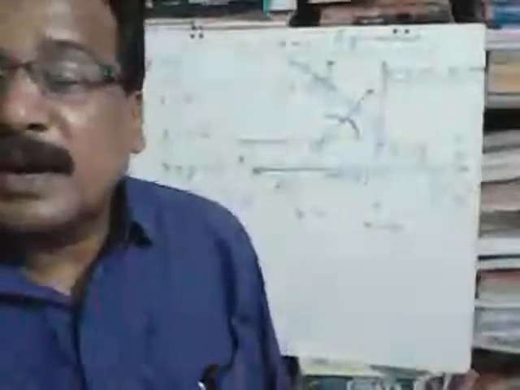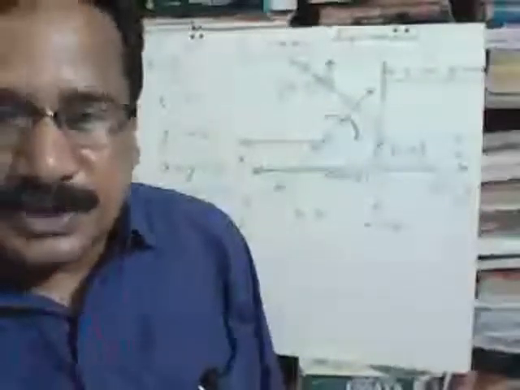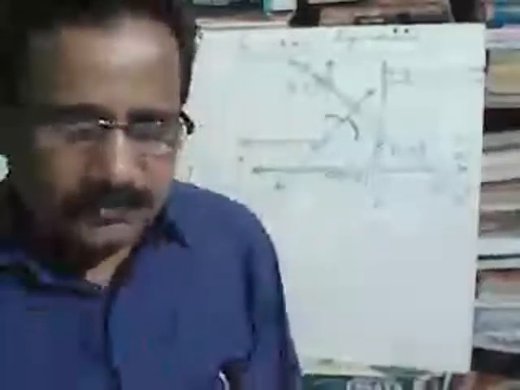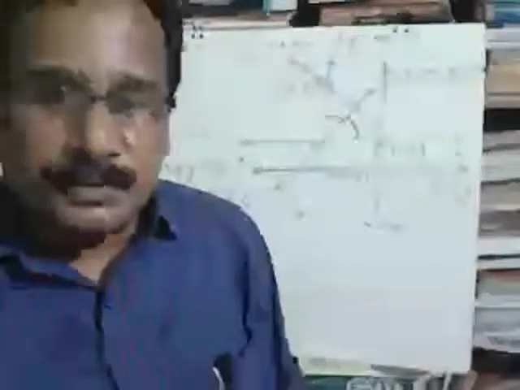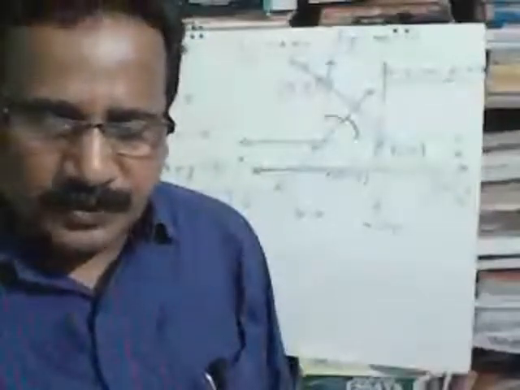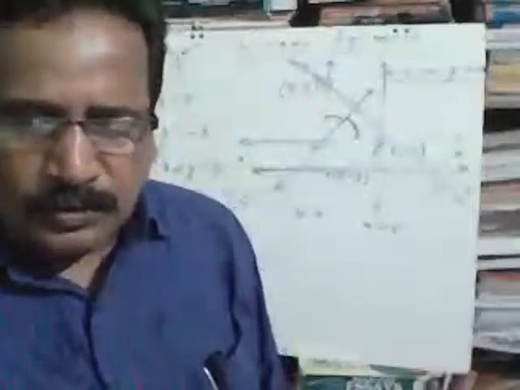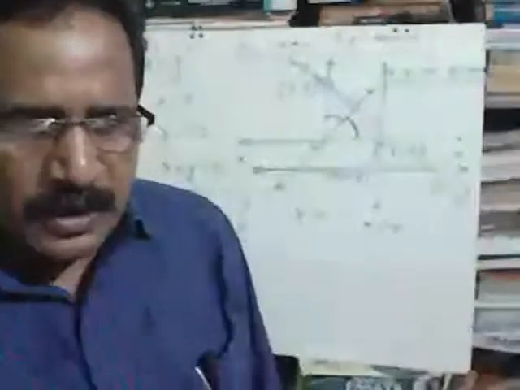Yes, some of you are writing, nothing is visible. Give emphasis to audibility, whether I'm audible or not. If I'm audible, you follow the audio and try to draw on your own. Keep your copy with you, draw the line segments or lines, and you can get it.